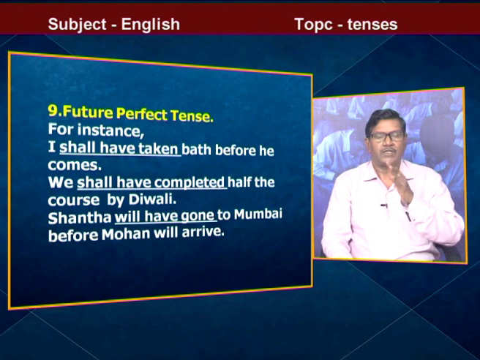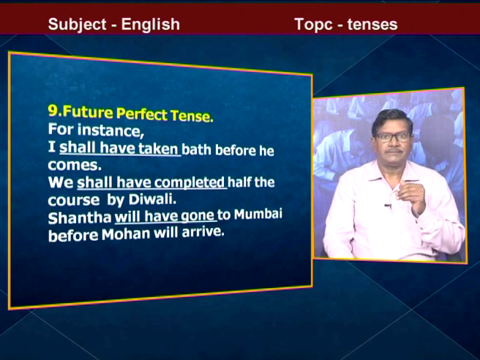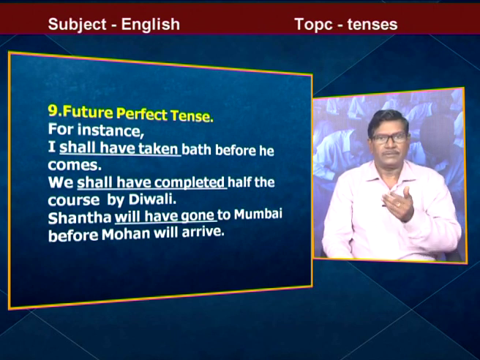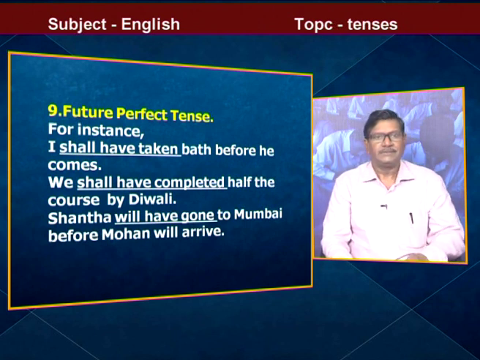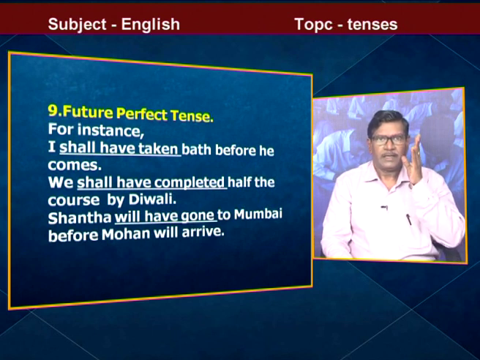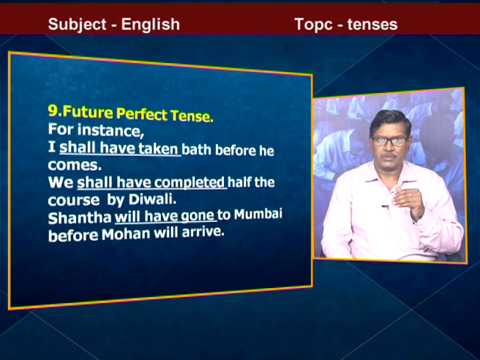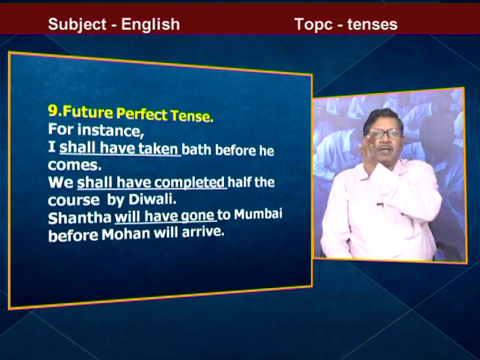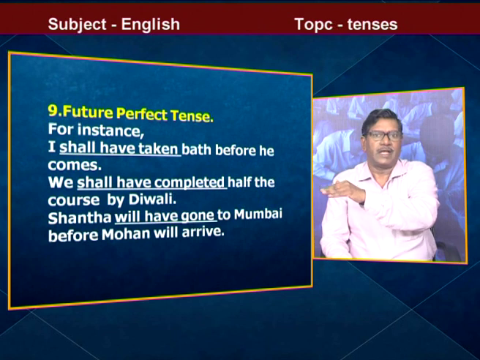Shanta will have gone to Mumbai. ఎప్పుడు వెళ్తుంది శాంత? మోహన్ రాకముందు. మోహను వస్తాడు, ఆడు రాకముందు ఈమె వెళ్తుంది. సో దిస్ future perfect tense is used. The verb is used in future perfect tense to denote an action that will be completed before a certain point of time in future.